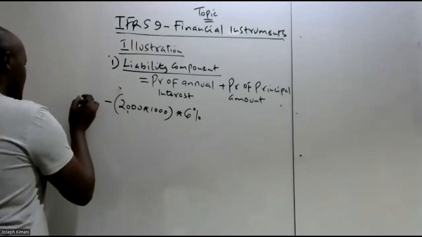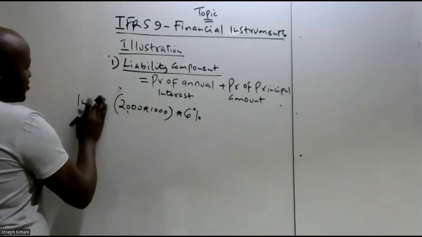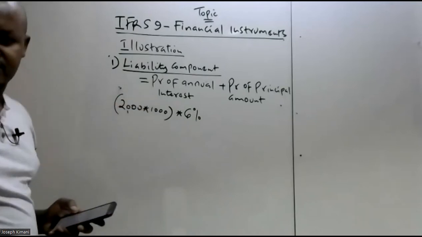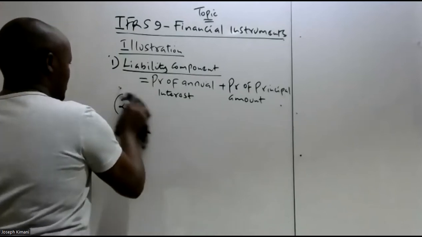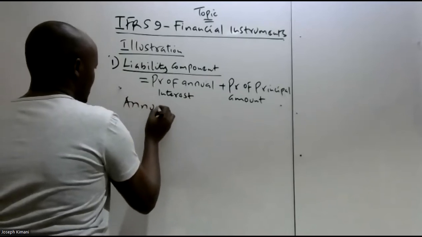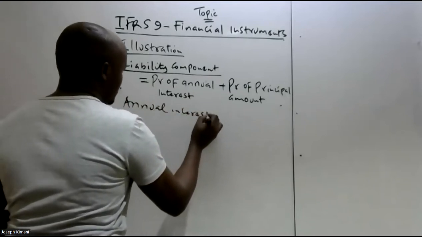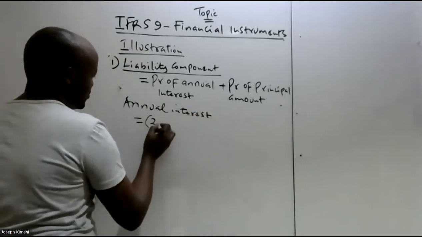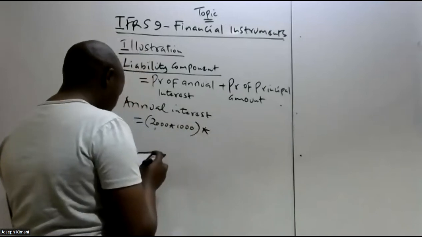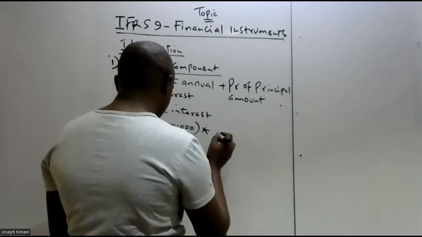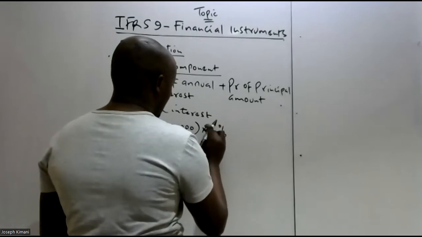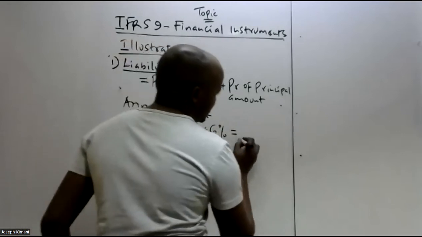So what we are determining is the annual interest, which will be equal to the bonds issued, 2,000, times 1,000, times the rate given, 6%. This will give us the interest per annum.